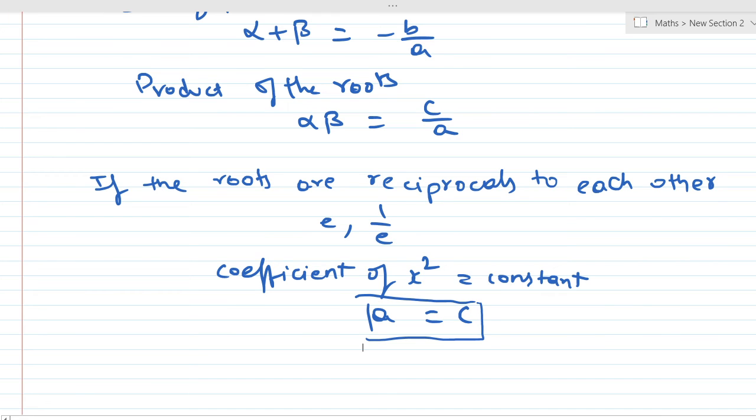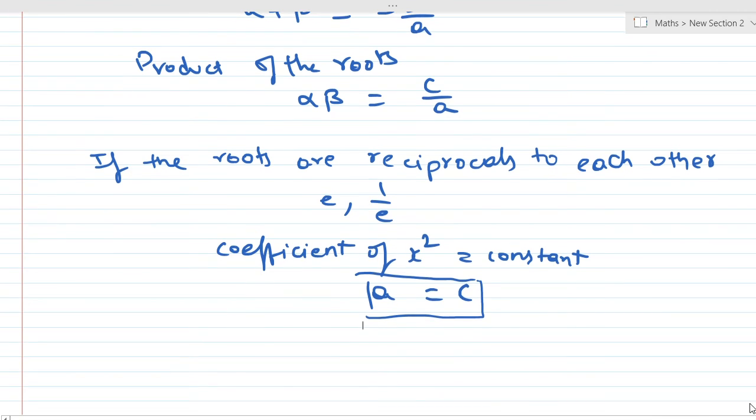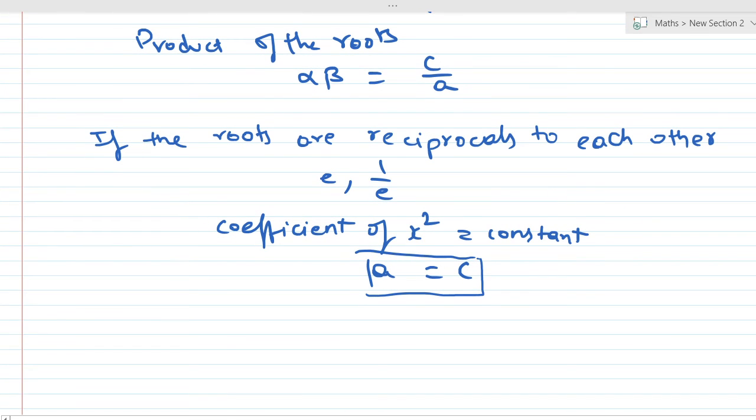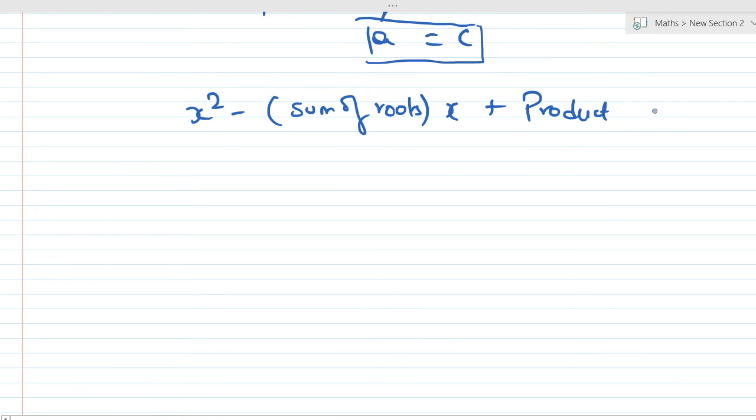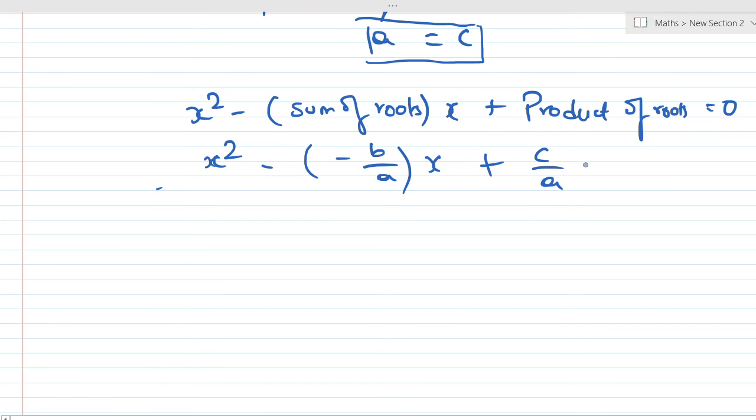Another question is, if you know the roots, how do you make the equation? The equation will be x square minus sum of the roots into x plus product of the roots equals 0. So x square minus the sum of the roots, which is alpha plus beta, minus b by a, into x plus the product of the roots, which is c by a.